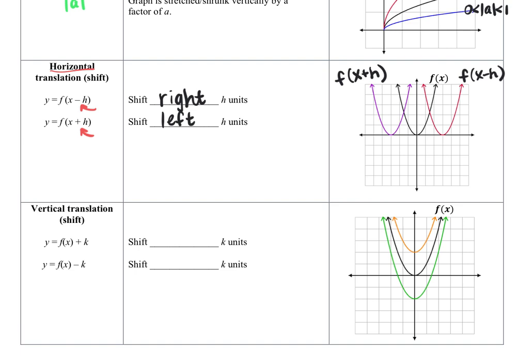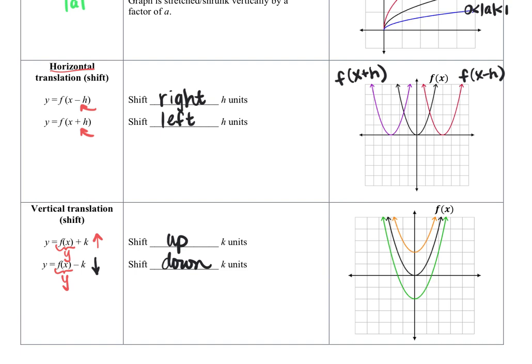And then lastly, we have our vertical shifts up and down. So once again, if you just remember that f of x is basically like saying y, then we have our y values, and we're adding a k value, and that's going to cause that shift up. So a shift up k units if we're adding our k value, whereas we're going to have a shift down because we're subtracting a value from all of our y values, and that will produce that shift down k units.